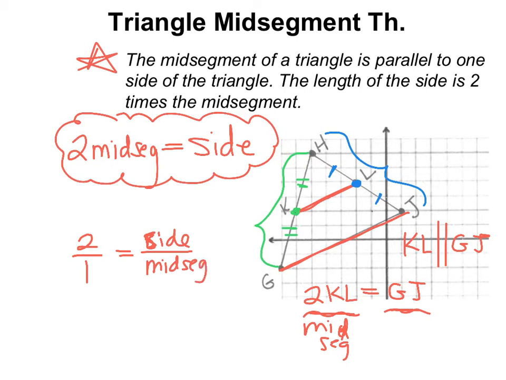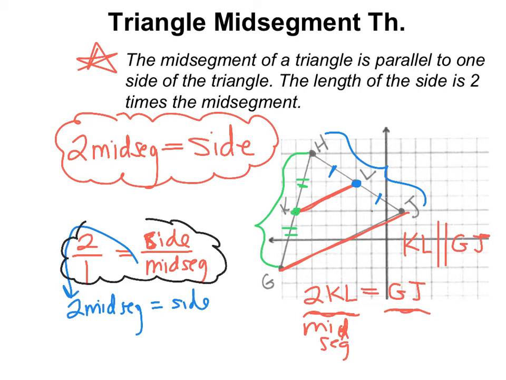So there's our proportion giving us that information. And if we were to do cross multiplication, we would get that 2 times the midsegment is equal to the side. So you could definitely use this relationship if you would rather keep using those proportions.